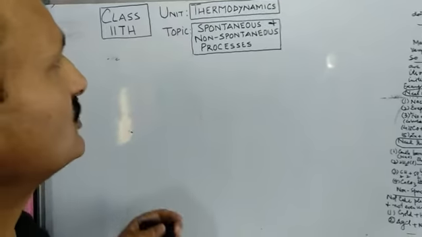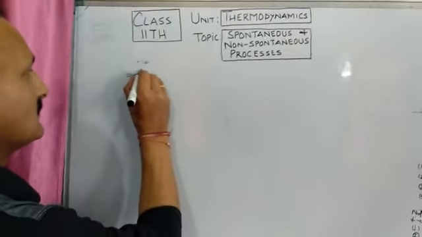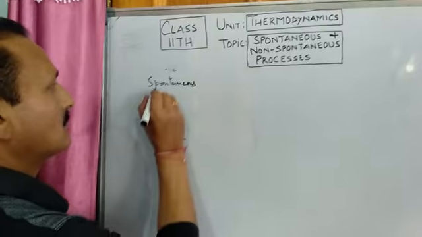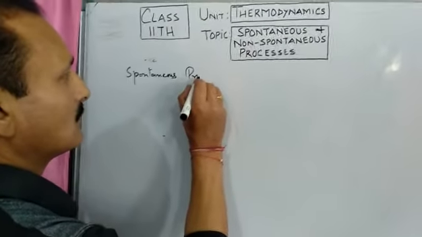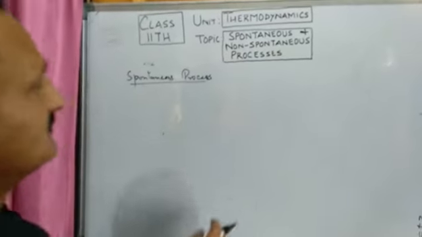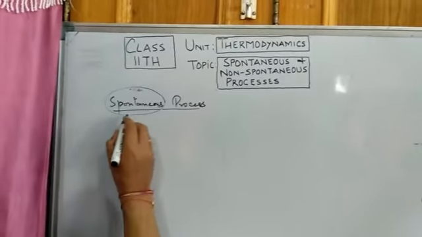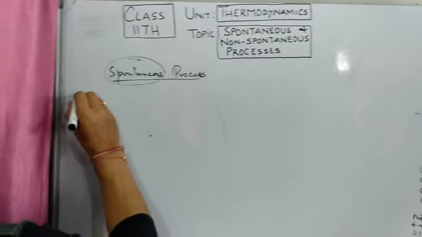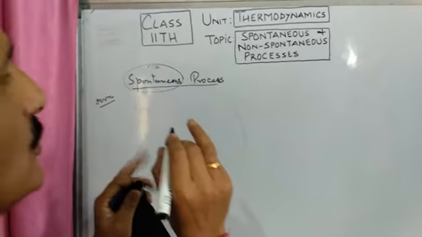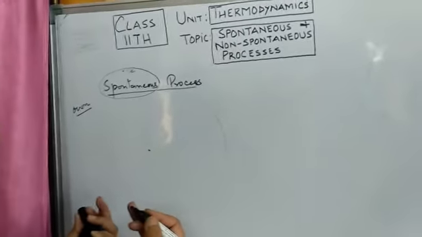So coming to today's topic, that is spontaneous and non-spontaneous processes. First, let me come to spontaneous process. In broad terms, spontaneous means a process that takes place on its own, which does not require any external agency to start it.